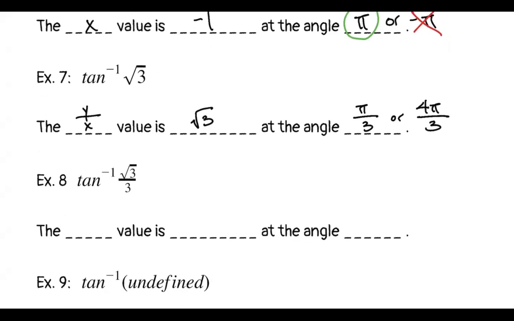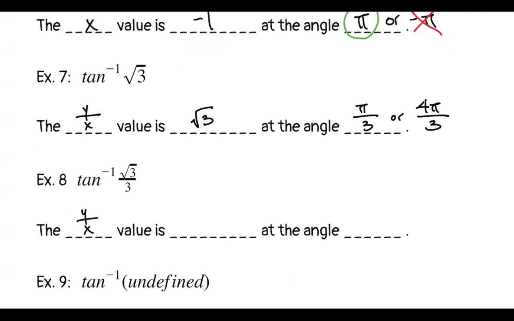All right, but you, Ellie, have the answer for number 8 with the root 3 over 3, the pi over 6, or what would the other one be other than pi over 6? Yeah, 7 pi over 6. All right. Sorry for the confusion.